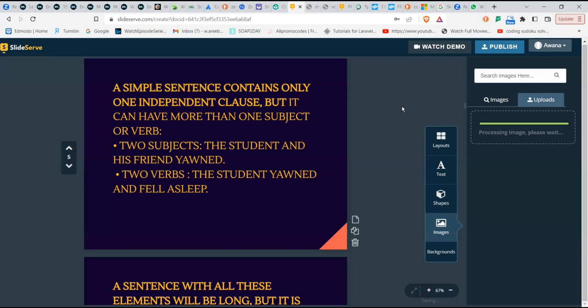They are a compound verb. If I were to say the student yawned and his friend fell asleep, then we would have counted it as two different verbs. Right now, because a single subject is performing both of these actions, it is in a single clause. That is why it is a compound verb.